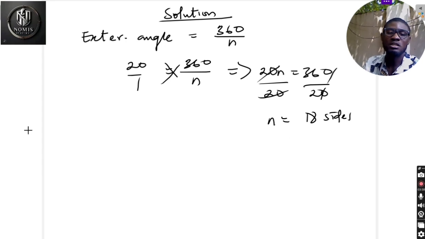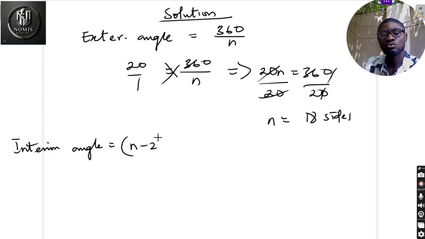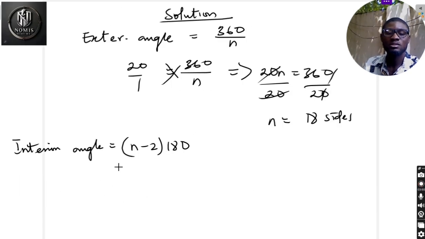And if I want to use the interior angle formula, remember the interior angle is equal to what now? n minus 2 multiplied by 180, divided by n, and it has been given to be 160. When you open the bracket, you have 180n minus 360.